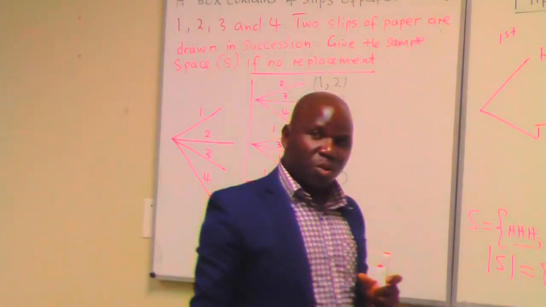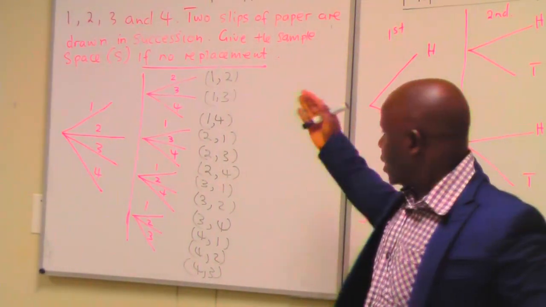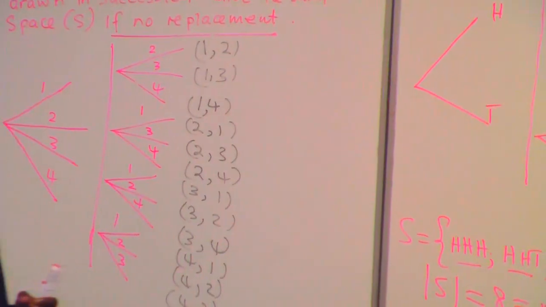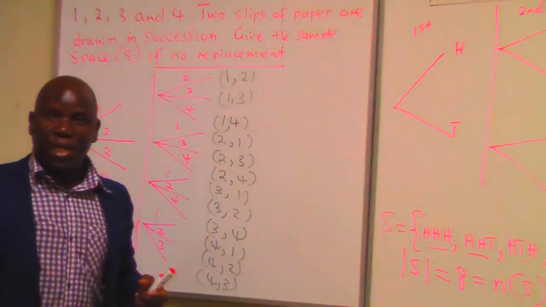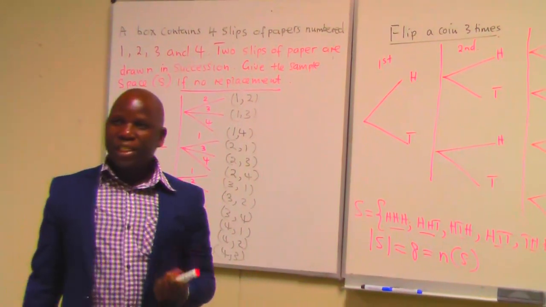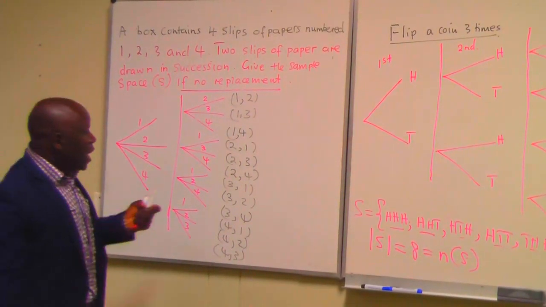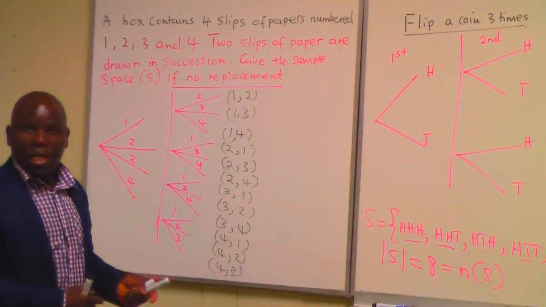Ladies and gentlemen, I want you to appreciate why we are devoting more time to this idea of sample space, for you to be able to calculate probability. For example, if you are asked, what is the probability that you get a 2 in the first pick and a 3 in the second? You can't answer that unless you are able to completely define your sample space.